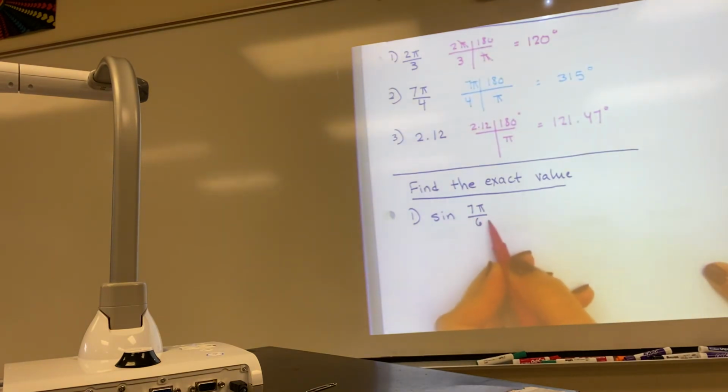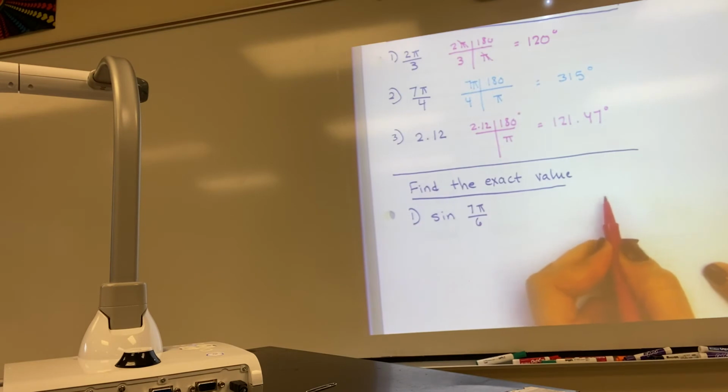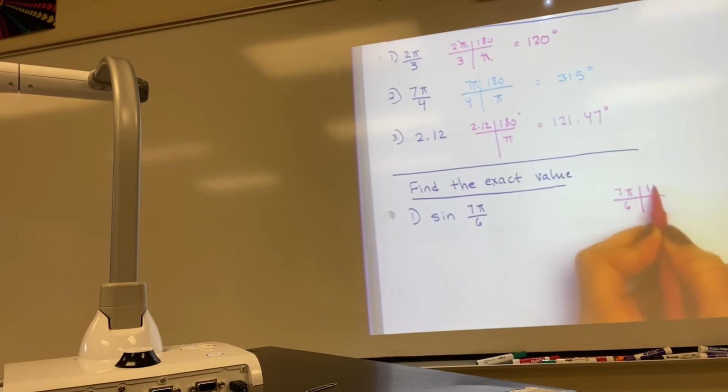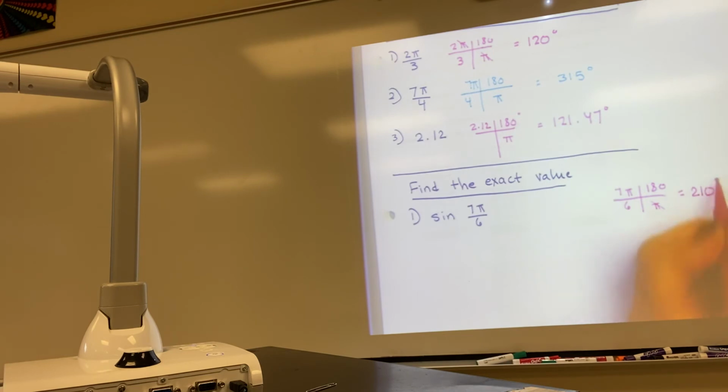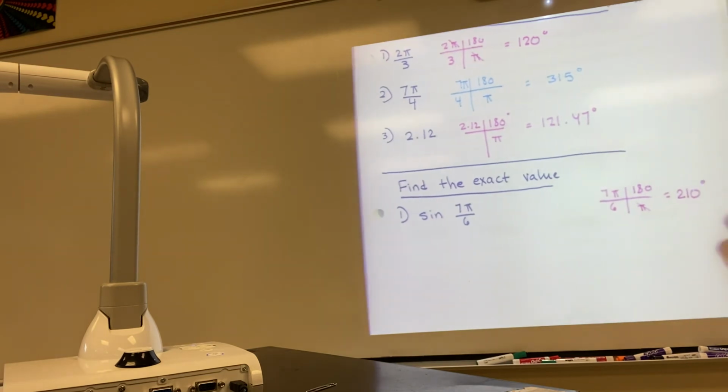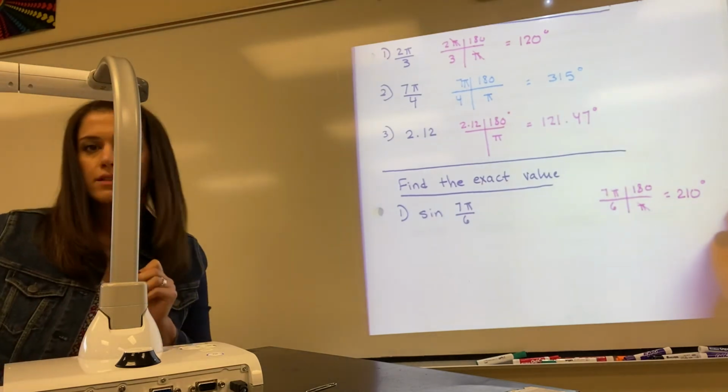To convert it to degrees, we will multiply it by 180 over pi. I'm going to do it here on the side: 7 pi over 6 times 180 over pi. Cancel out the pi, reduce, and you will get 210 degrees.